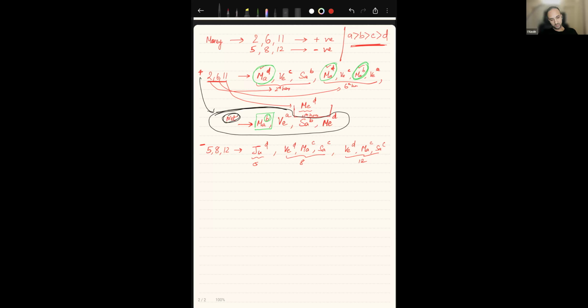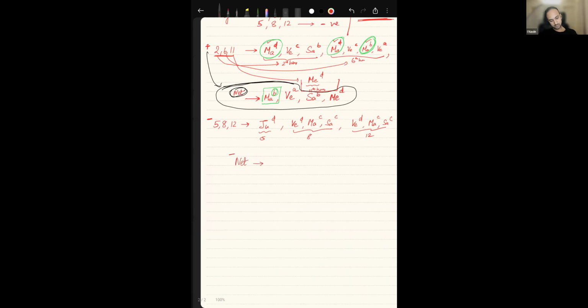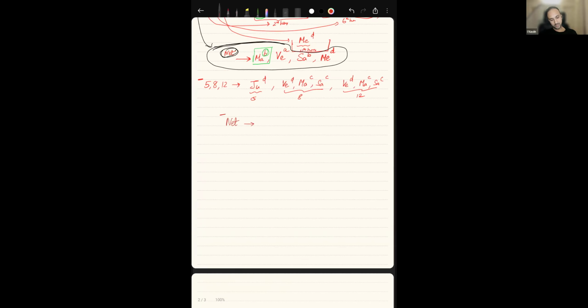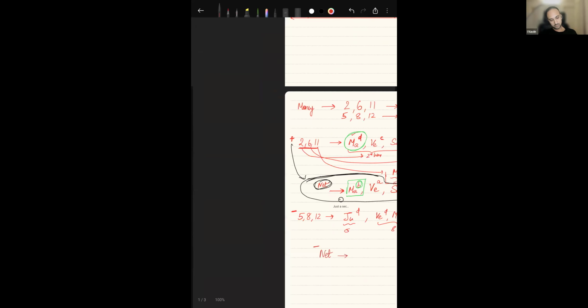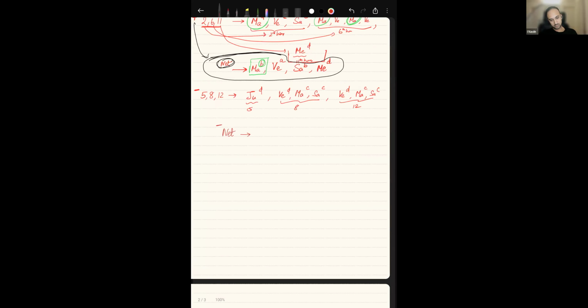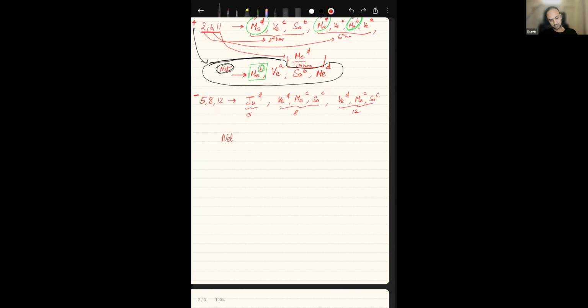Now, same way, which are the net significators for negative? Yeah, go ahead, tell me. So first is Jupiter. Which is the highest power of Jupiter? B. Next is Venus.